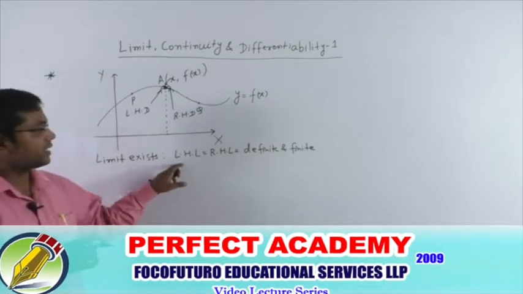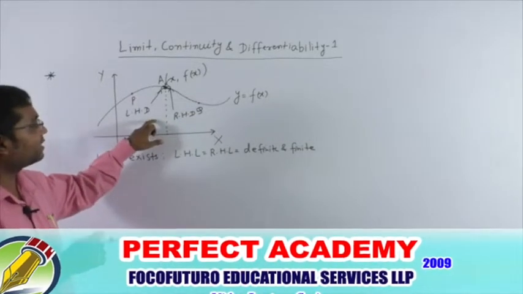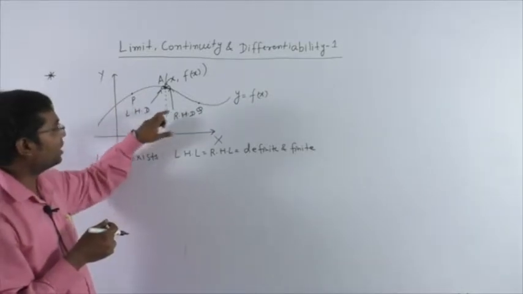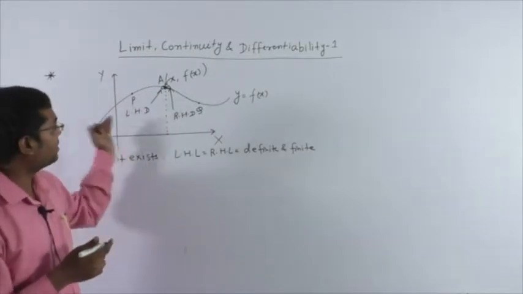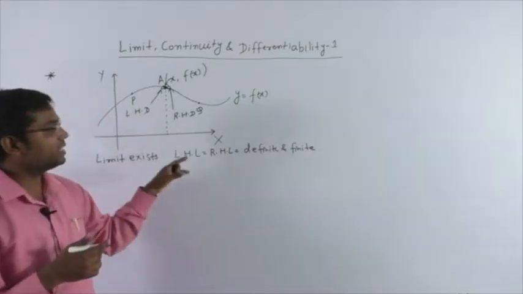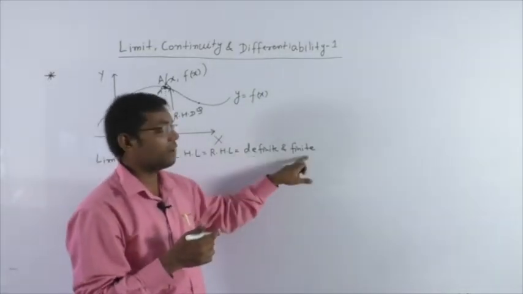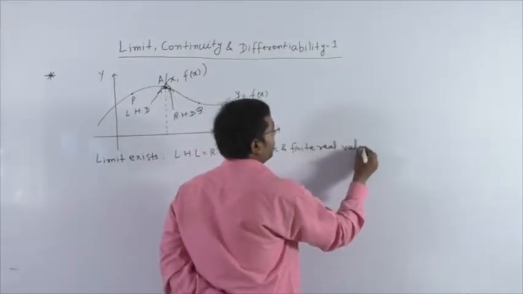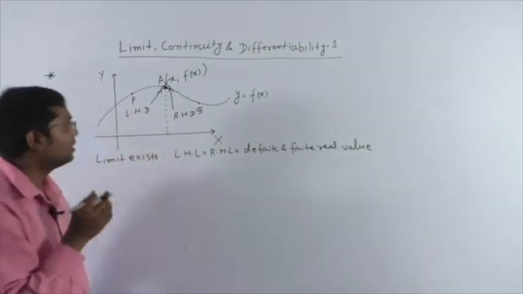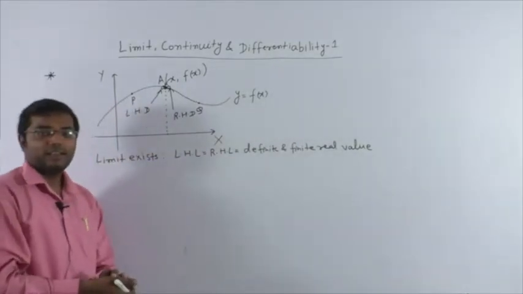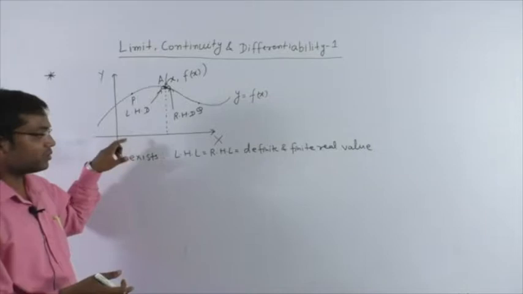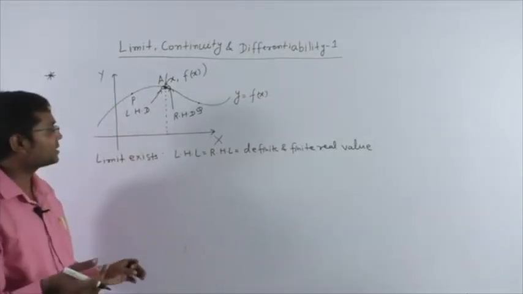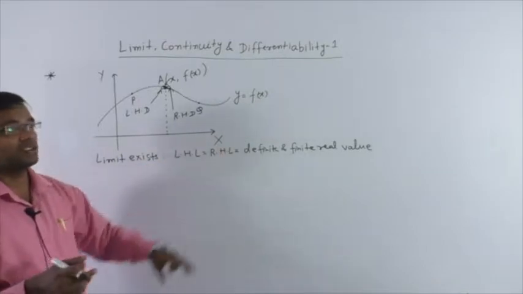Left hand limit should be equal to right hand limit, and that should be a definite and finite real value. We study the whole calculus as real only, because complex is not in our syllabus, so we will consider only real functions.